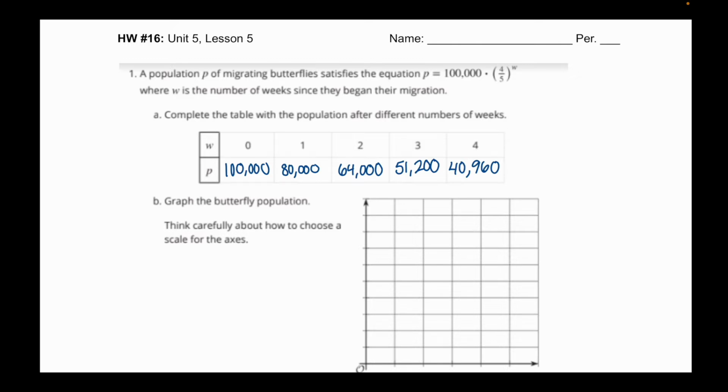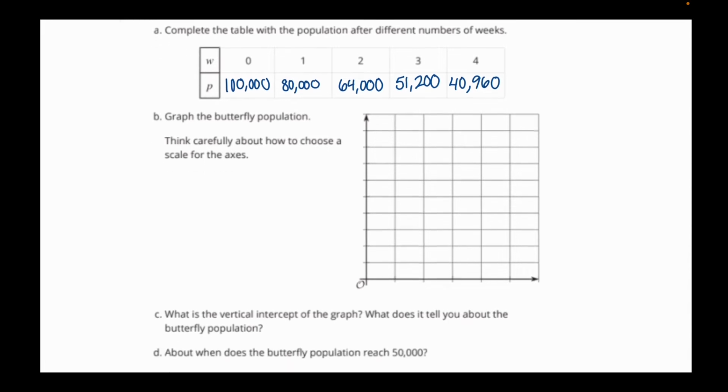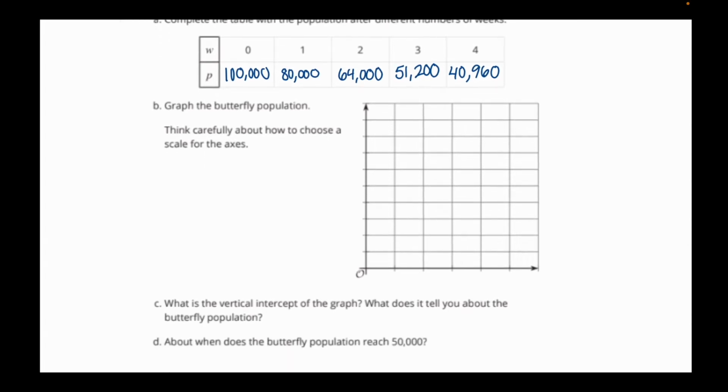Okay. So now it says graph the butterfly population. So we're going to try to graph our population, which means if our butterfly population starts at 100,000, we want to be able to start at 100,000 and then decrease from there because all of our numbers are smaller than that.